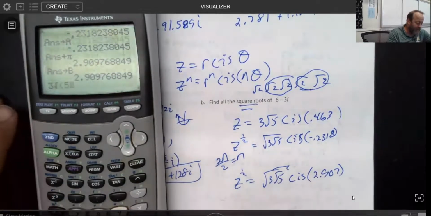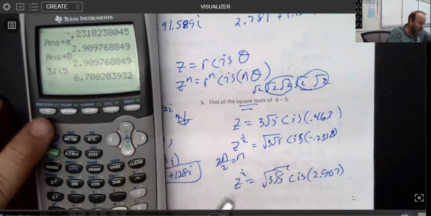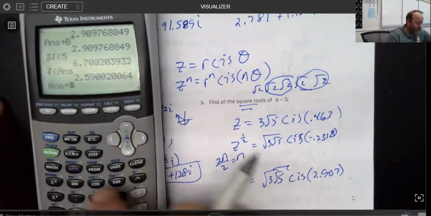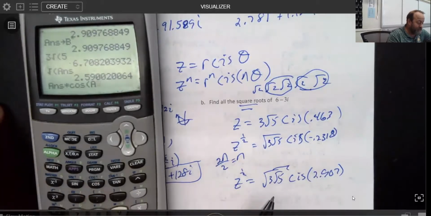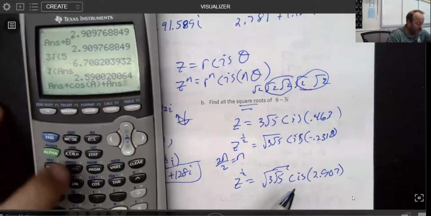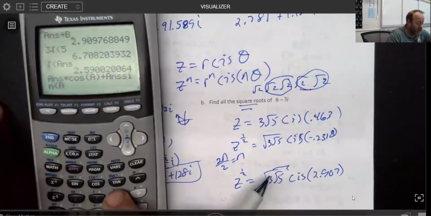So let's see, 3 root 5. Now let's go ahead and take the square root of that. I got 2.59. What I'm going to do is take that 2.59 and multiply it by the cosine of A, and then plus, hopefully this is going to work out okay, I'm also going to take that answer times the sine of A, but I want to put an i on it so it doesn't accidentally put those two things together.